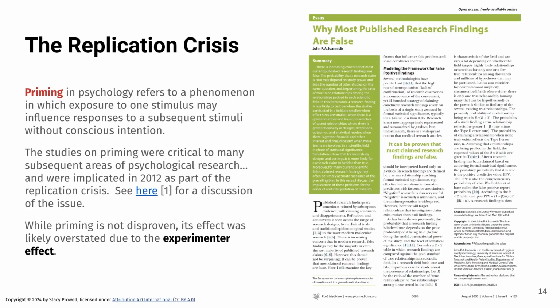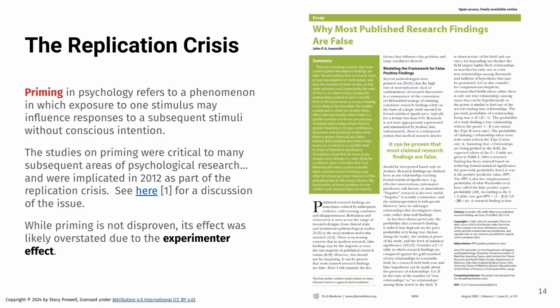Studies on priming were used heavily in other areas of psychological research, right? Scientists rely on the work of other scientists, right? I don't have time to do everything. So if you say priming works this way, and I say, okay, well, I'm going to conduct my experiment based on the fact that priming works this way, or likely works this way.